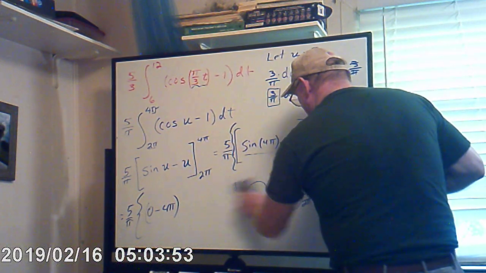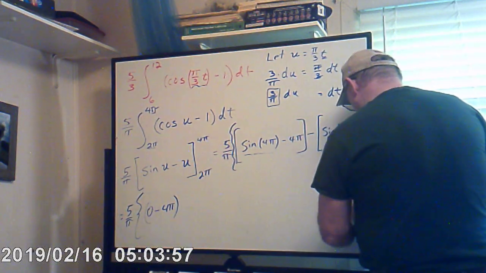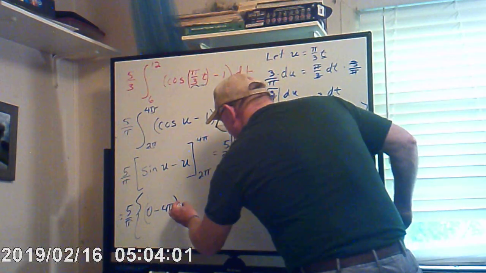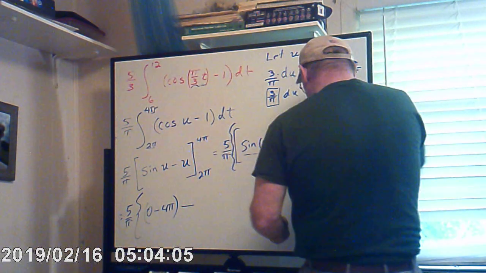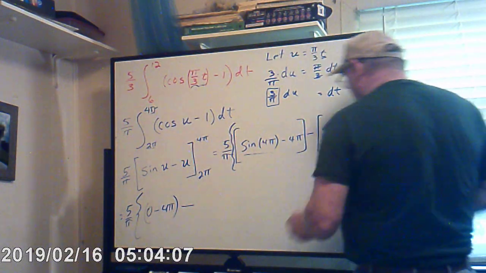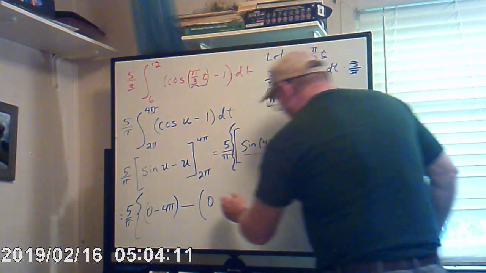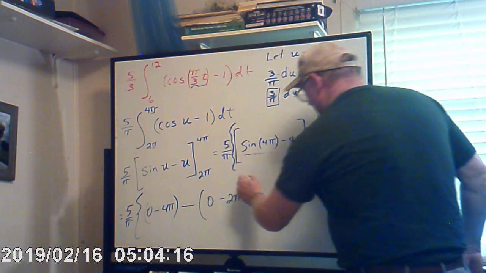Okay, let me erase this. And boy, you do have to know those graphs, what those graphs look like. And don't forget that minus sign. That's huge. Minus sign. Sine of 2 pi is also 0. Minus 2 pi. There we go.